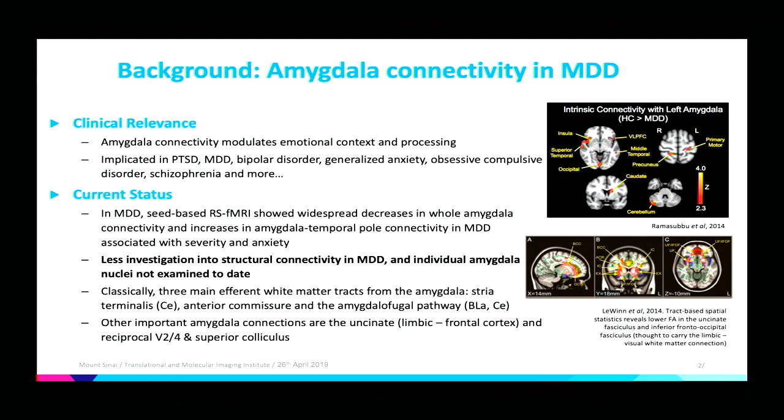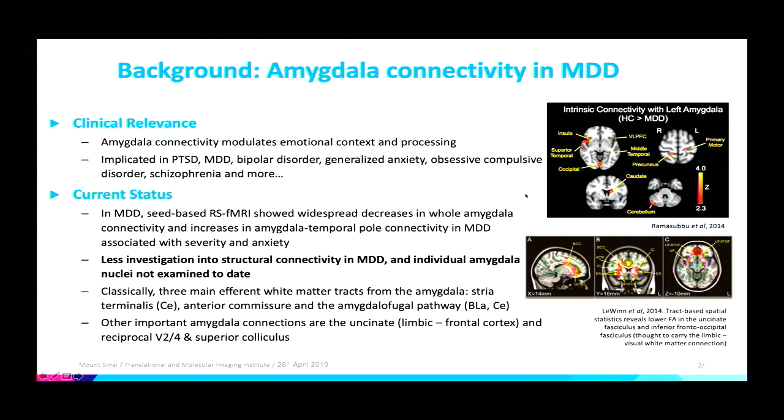The amygdalofugal tract is thought to exert downstream effects on the hypothalamus and the septal nuclei, and therefore it's really important for influencing threat reactivity. And the stria is really more involved in social conduct and motivational conduct.